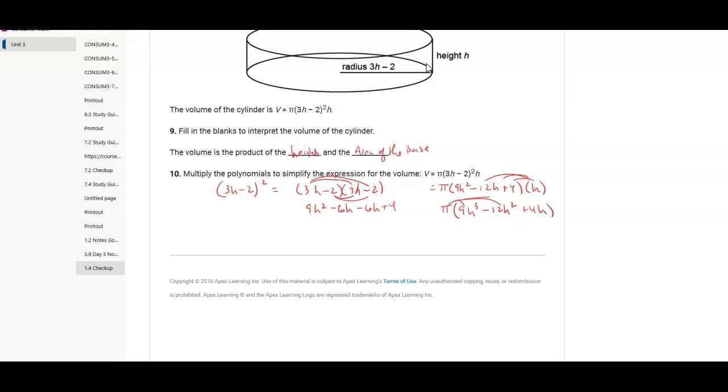Now, if I distribute this pi, it would be 9 pi times h to the third minus 12 pi times h to the second plus 4 pi times h. Okay, so this is what you would get if you wanted to find the volume of the cylinder, and simplify it in this form. Go ahead, use this to help you with the quiz and text me your answers.